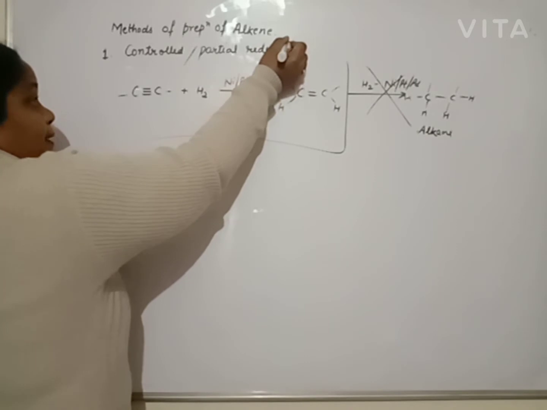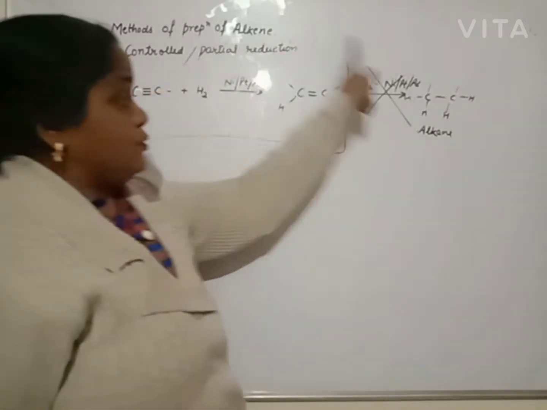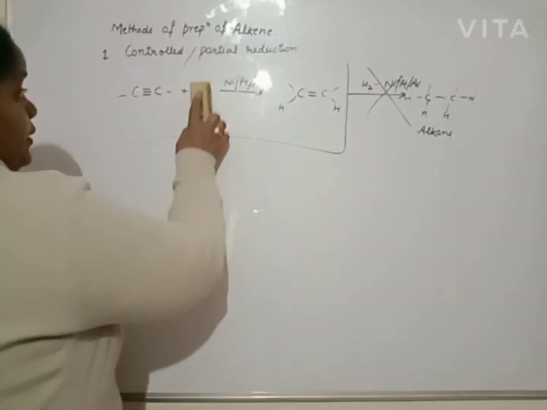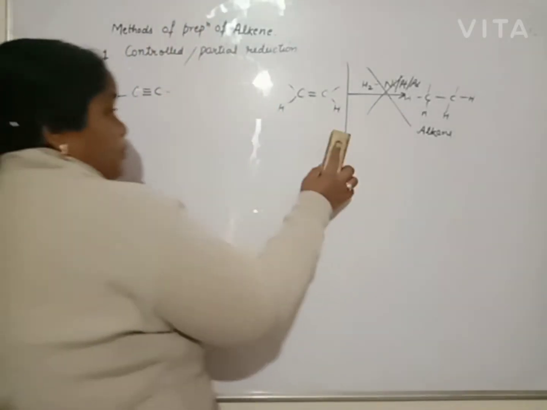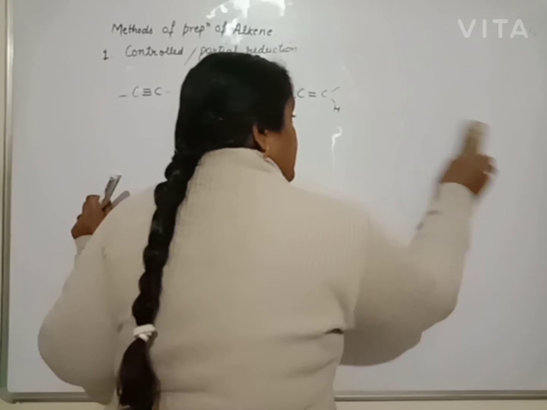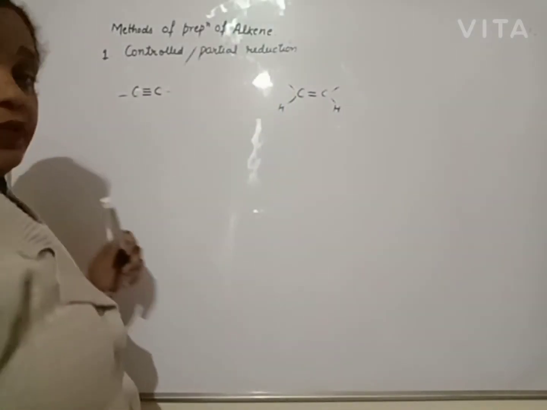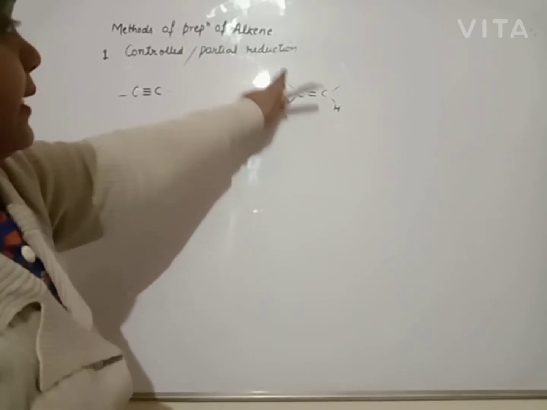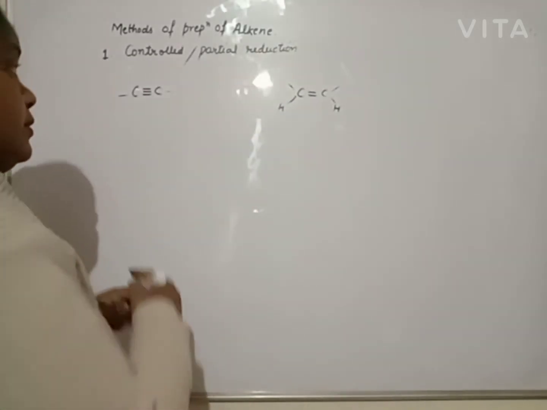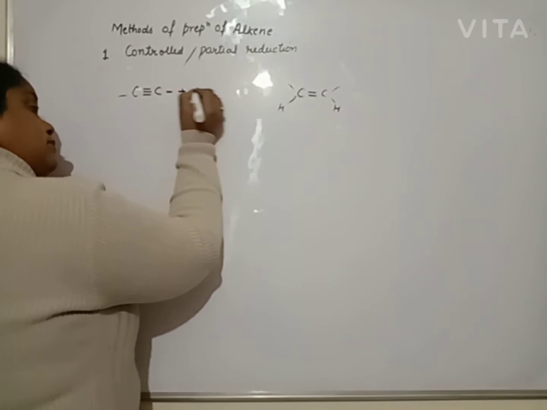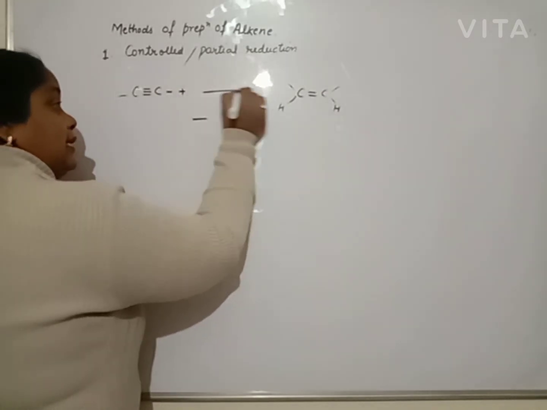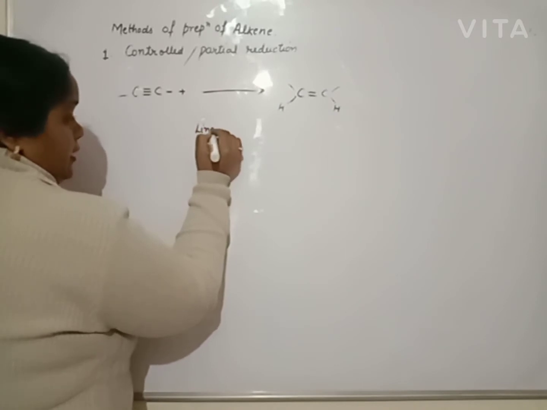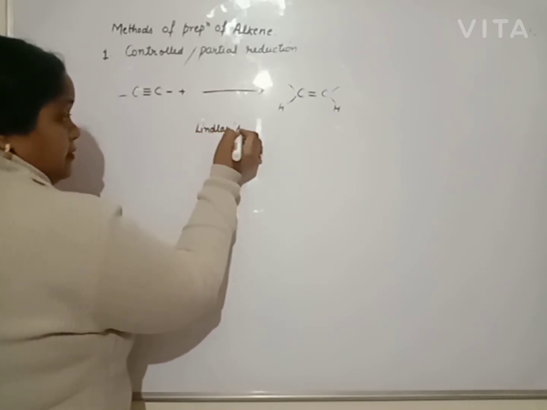Beta, it is complete reduction when alkyne changes into alkane. We want to stop the reaction up to alkene. Then we will use some reagent which reduces the alkyne up to alkene. That is known as partial reduction. Beta, for this type of reduction we will use Lindlar's catalyst.